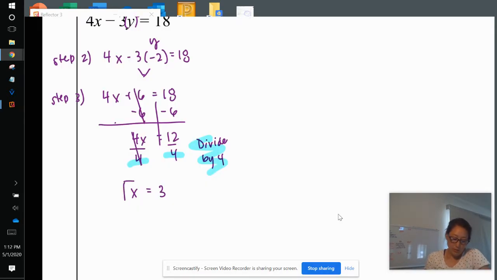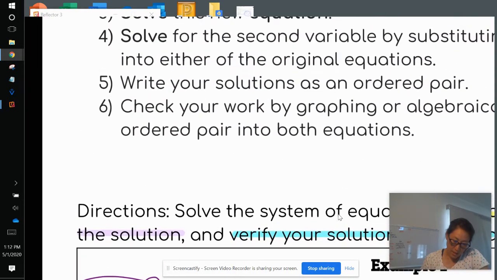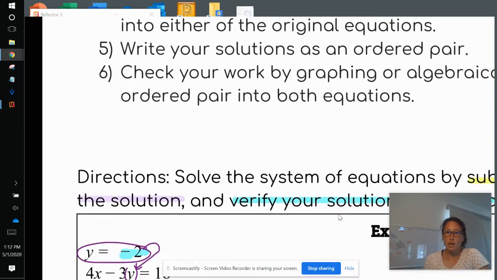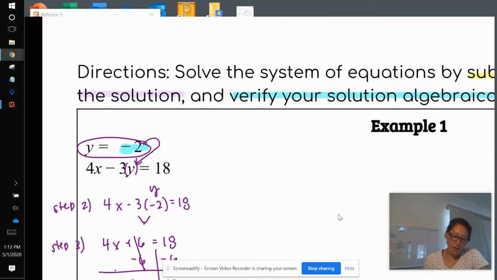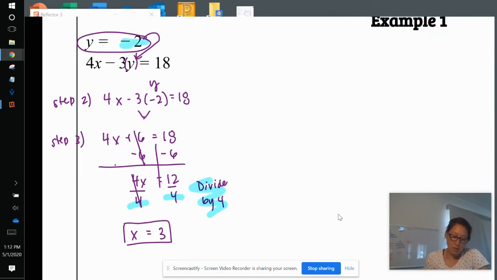So I solved for my x value, and now step 4 is to plug what I got in for the first variable into one of the equations for my second variable. So you get to choose either equation. I am going to go ahead and choose the top equation because I don't have anywhere to plug in x.